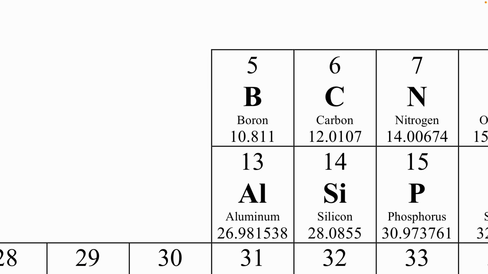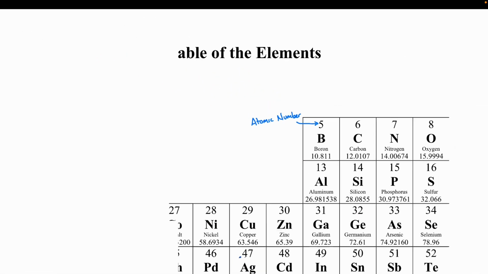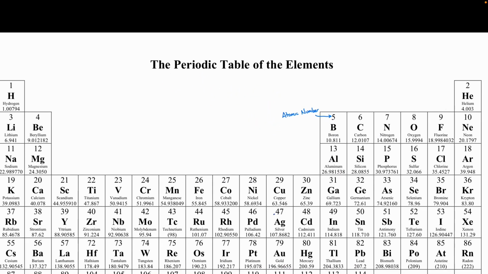All right, so we're just going to pick this one here. Okay, at the very top, we have what's called the atomic number. You see each of our tiles on our periodic table have a different atomic number, all right? And that's kind of how they're arranged. Again, there's kind of this weird pattern, but generally speaking, it goes 1, 2, 3, 4, 5, 6, 7, 8, 9, 10, increasing in that atomic number.